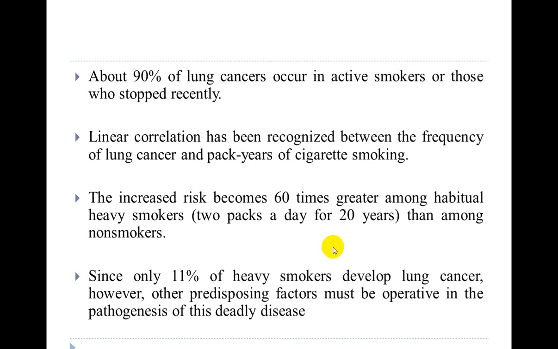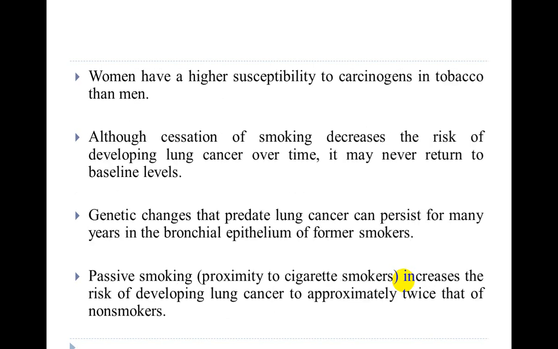But only 11% of heavy smokers develop lung cancer. This gives an indication, or raises the suspicion, about the concordance of other environmental factors or other factors in general in association with smoking for pulmonary cancer development.